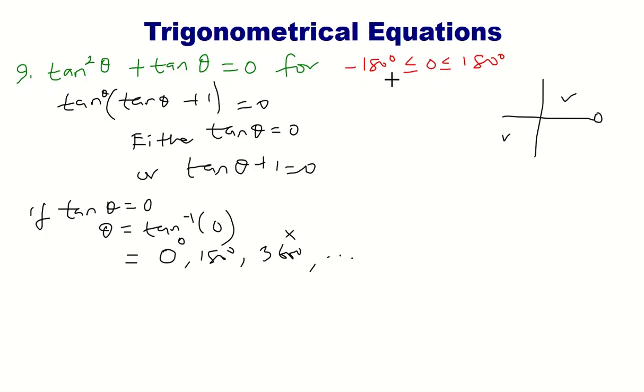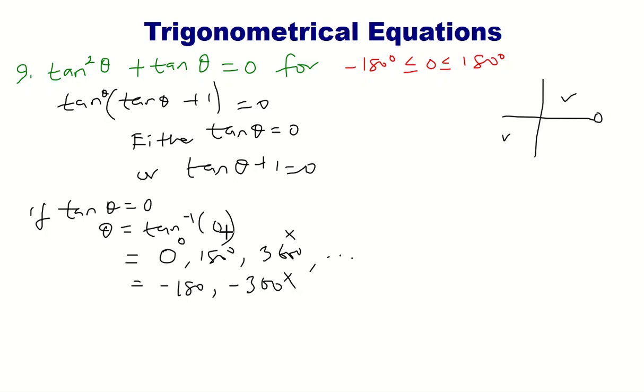Now we have negative values here. To get the negative values, we subtract. So it is still equal to 0 minus 180. We're subtracting the period, which is 180. And when you go on and subtract 180 again, it gives us negative 360, but this one is out of range.